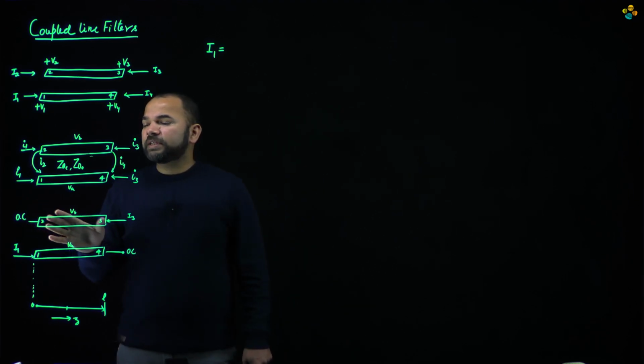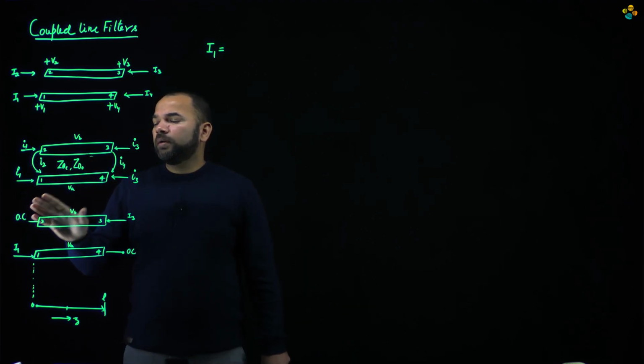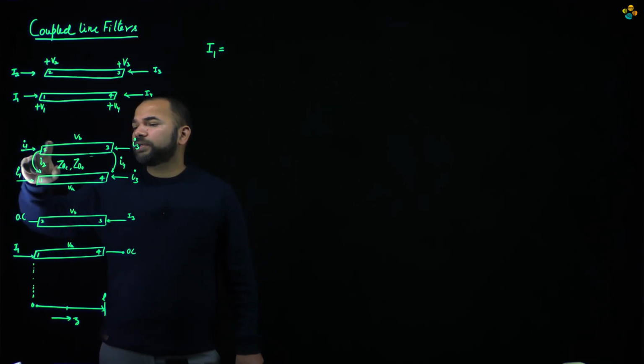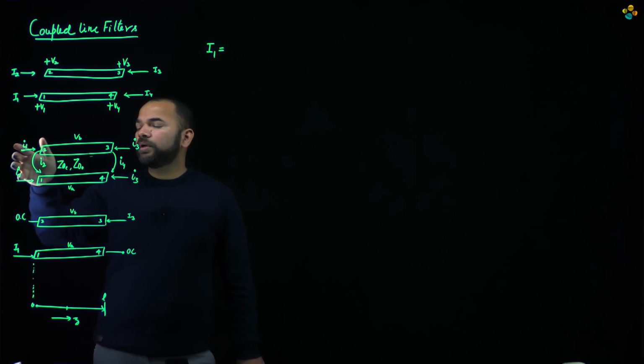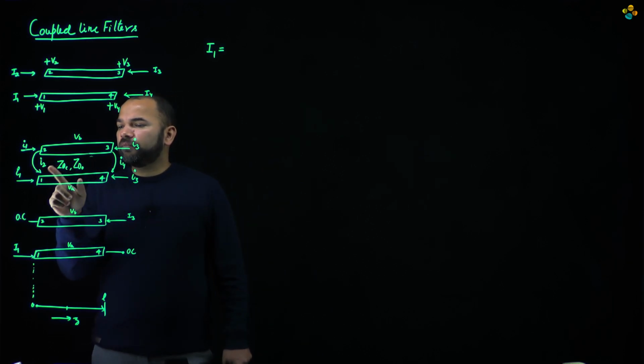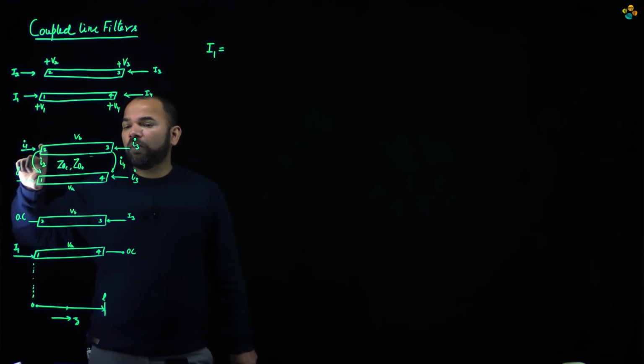Now in order to express the even and odd modes, we have drawn the currents. So I1 is I1 plus I2, this is I1. In even mode, both the currents are in the same direction, and similarly for the odd mode. This is in order to represent the even mode impedance of this line.